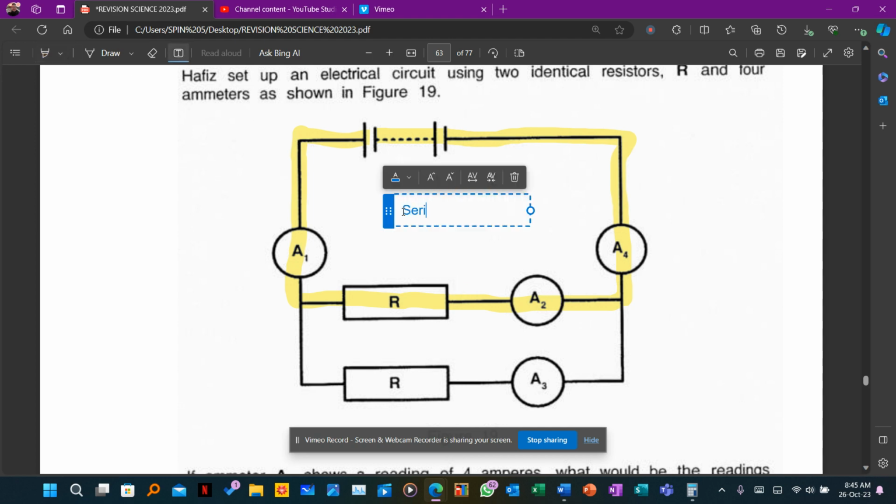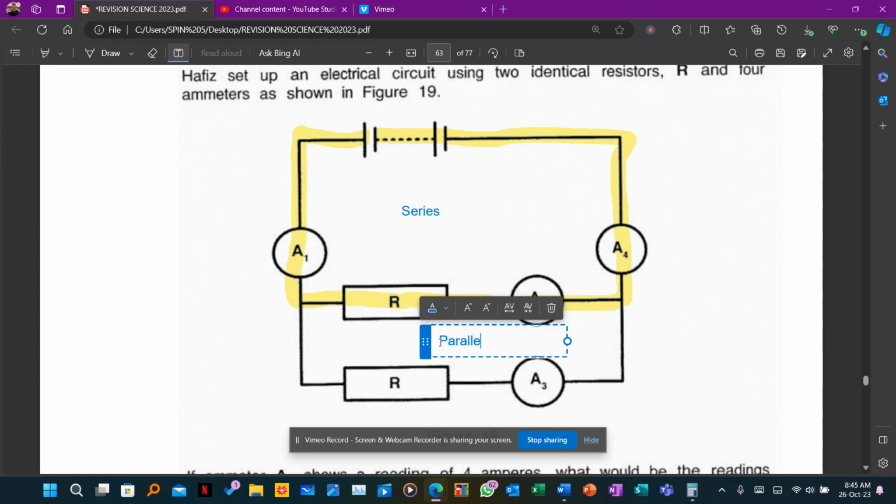This is what we call a series. If you look here, it's separate again like the previous question. The current, as it flows from the dry cell, will separate into two, A2 and A3. Then after it separates, it will combine back again into full at A1.